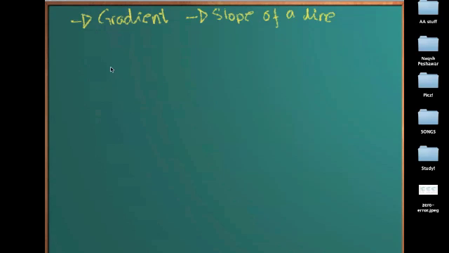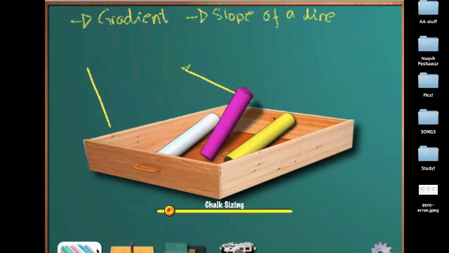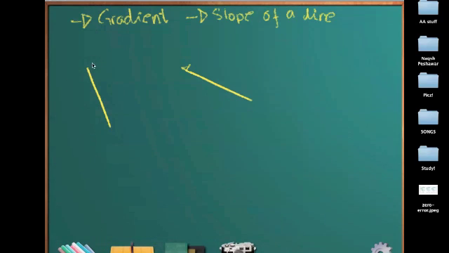For example, I have a line right here. If a person sits on this slide, I think for all of us it would be completely alright.